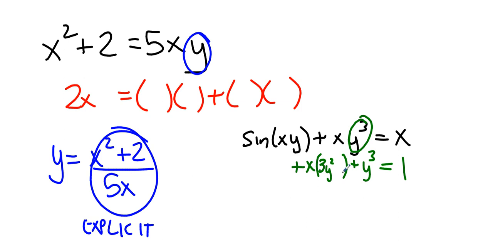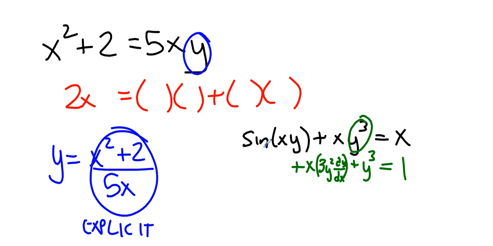But to get to the derivative with respect to x, the chain rule says we have to multiply by dy dx. Because the chain rule says that the derivative of this function with respect to x is the derivative of this function with respect to y times dy dx. And then the algebra on that works out the way we want it to.